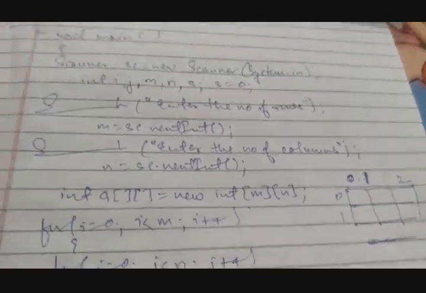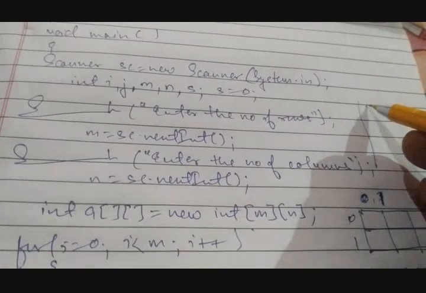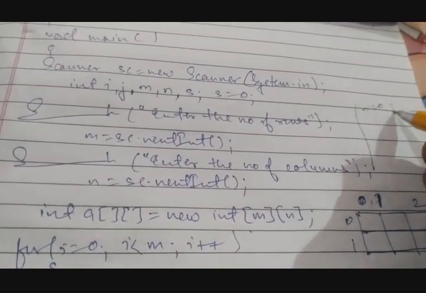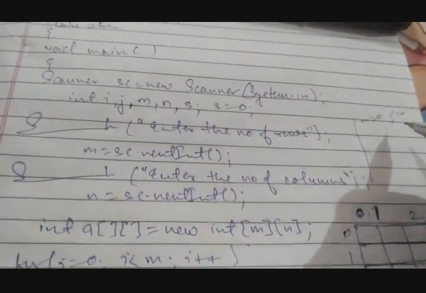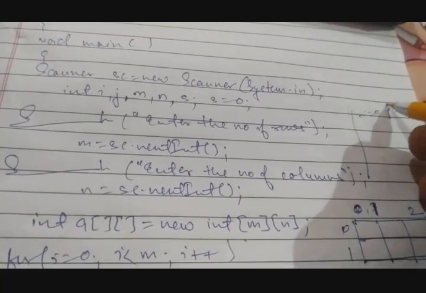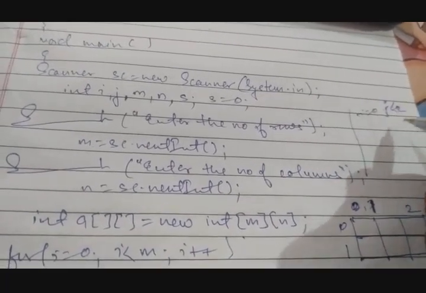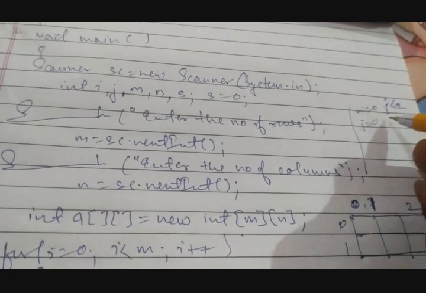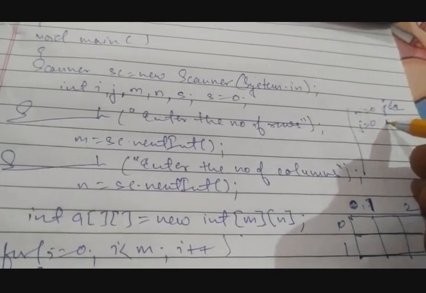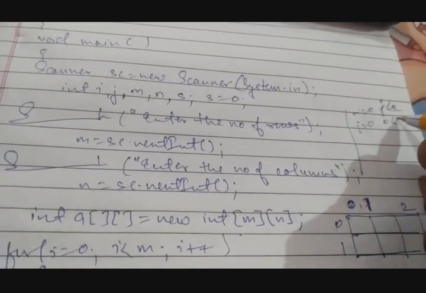So i is 0, j is 0. i is 0, i less than 2. Now j equals 0, and 0 less than 3.